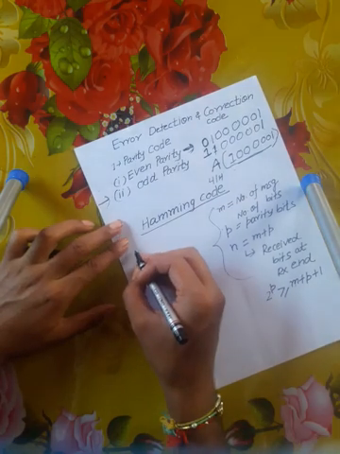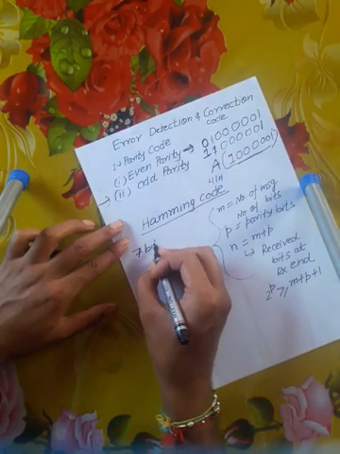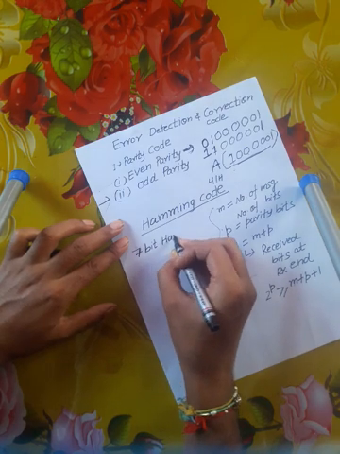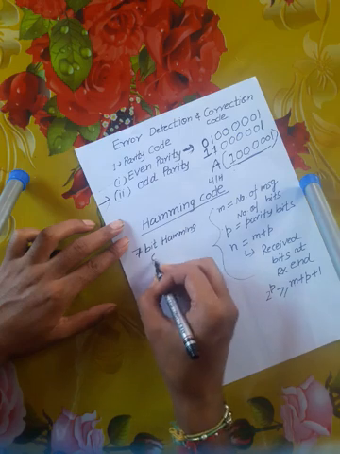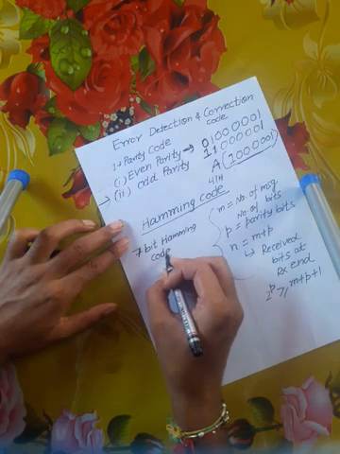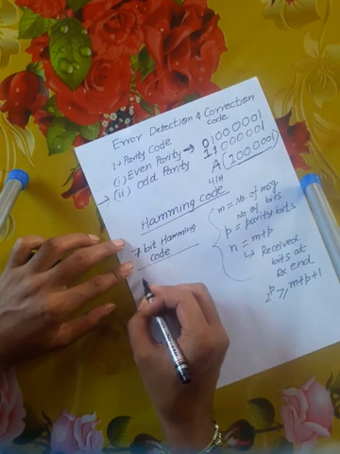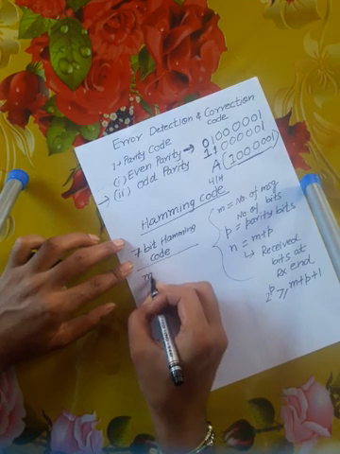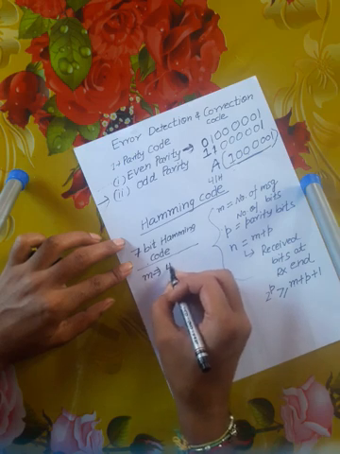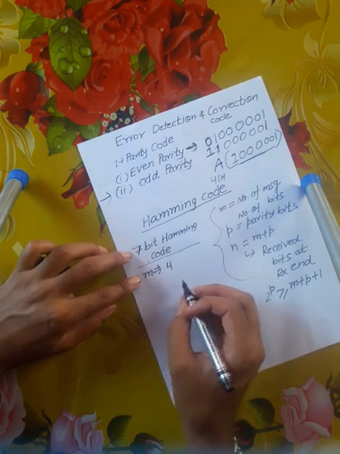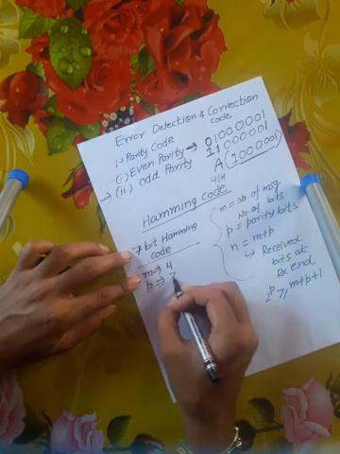For example, take the 7-bit Hamming code. In this, the number of message bits is 4 and the number of parity bits P equals 3.